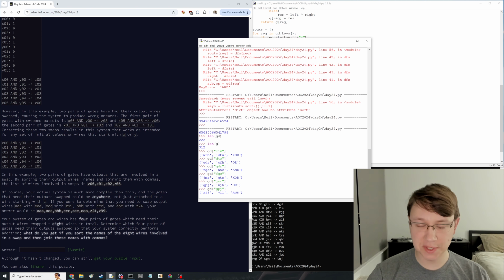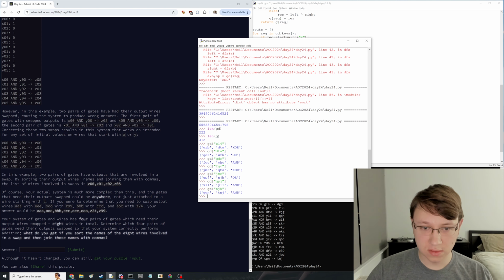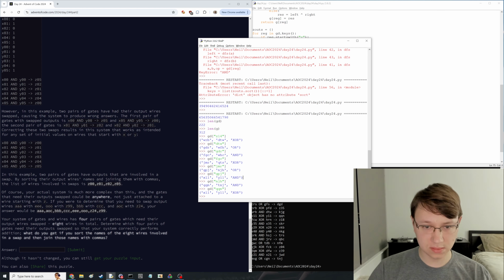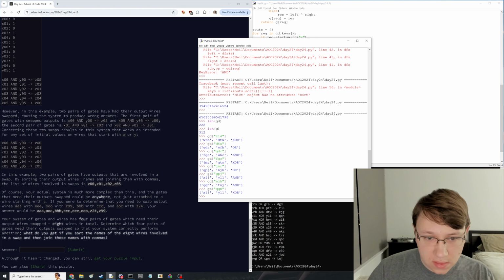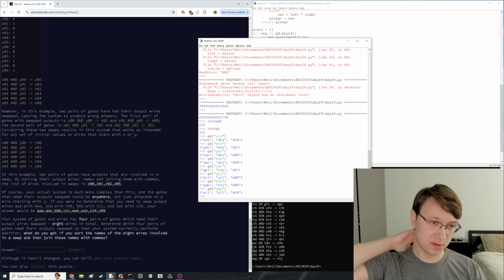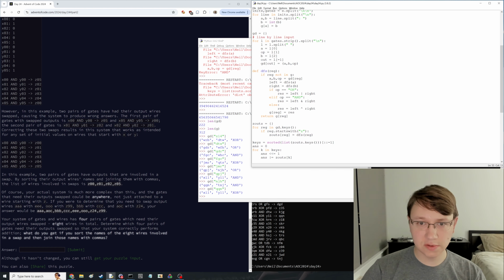If only I knew how a combinatorial circuit that adds things worked, then this would be a lot easier. So it's this or this, which is the AND of these. This is the XOR of these. Okay, maybe we can start with the lower order bits and then think of it from there. Let's try that.